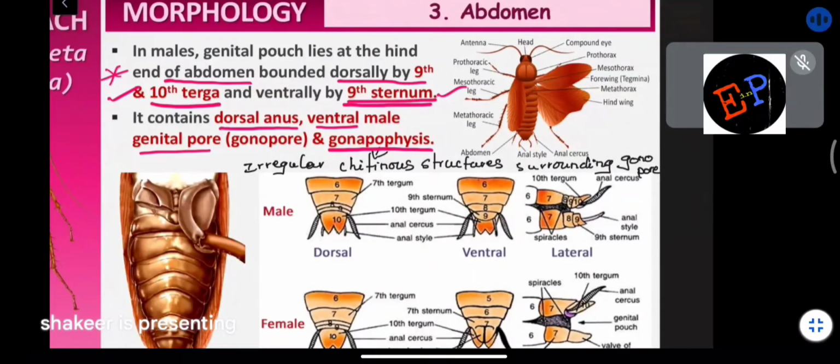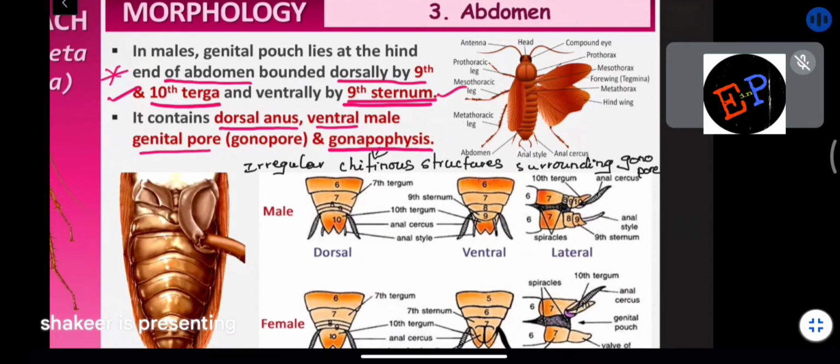Chitinous means, already we have studied, no? Nitrogen containing polysaccharide, and it is not regular, it is an irregular structure. So this irregular structure called gonapophysis covers this gonopore. So in the males, where is the anus present? The anus is present on the dorsal side, and the genital pore is present on the ventral side, and it contains gonapophysis also.